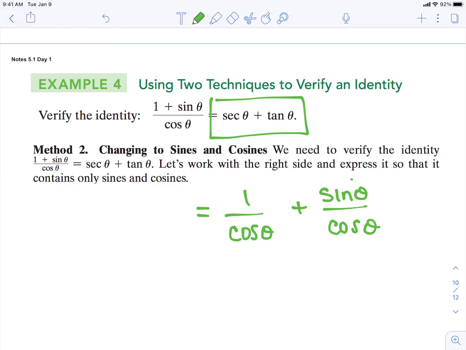And then these are two separate fractions that I can combine together. They have the same denominator. And we're done. Here is our left side, and we got the right side to be the same.